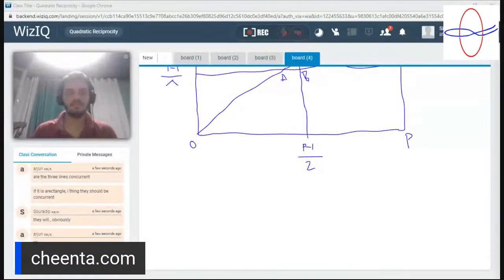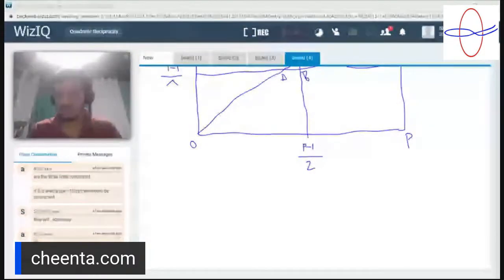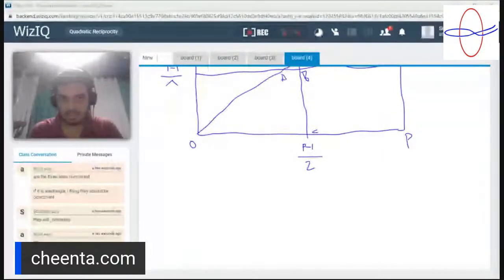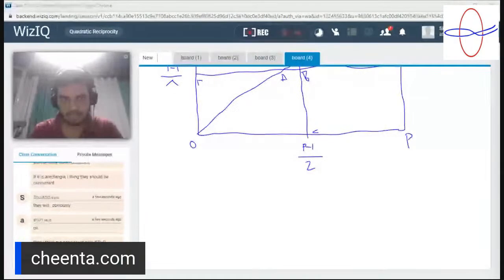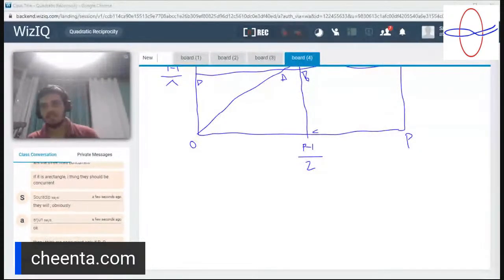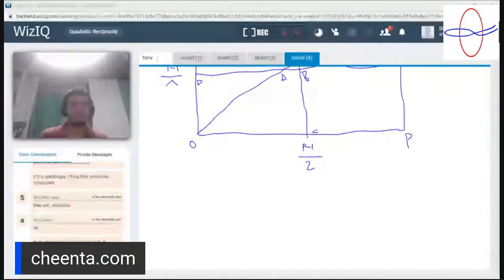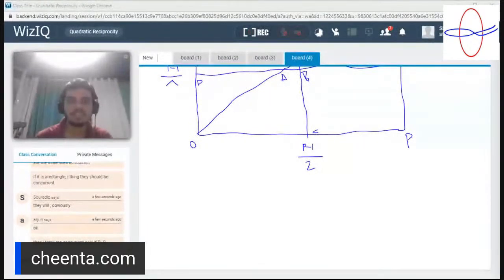Right. So with these, let's call this A, B, C. Here we are looking at two different primes, so that obviously is not the case.